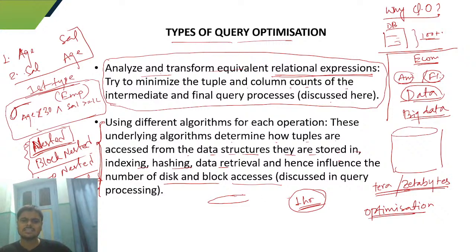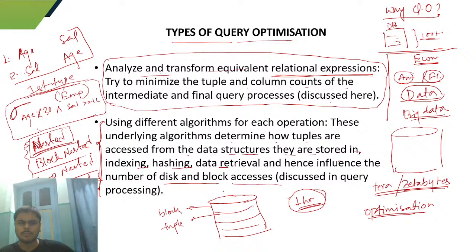The second process tells us how we are going to retrieve the data from the database table, either by blocks or by tuples, or by retrieving a chunk of memory and then merging them together. These naming conventions are used for those. So these are the types of query optimization.